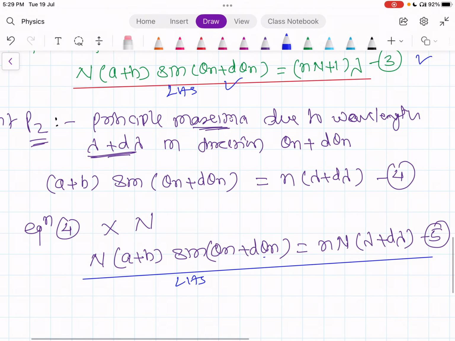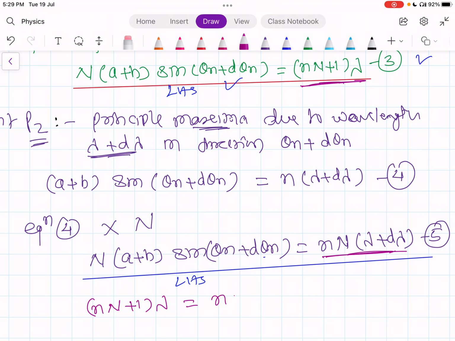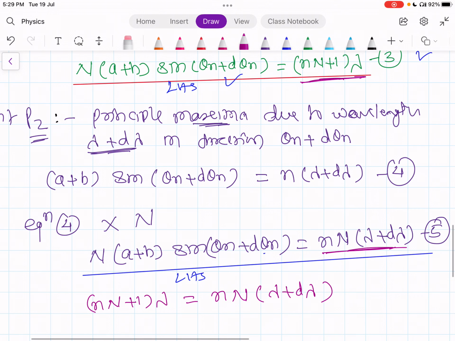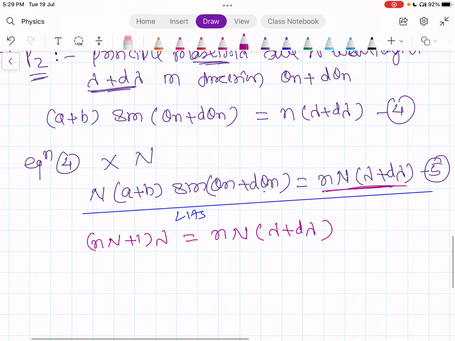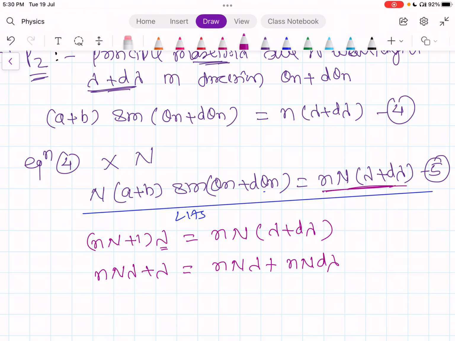So if the right side is the same, what can we write? (nN plus 1) lambda equals nN into (lambda plus d lambda). Now let us simplify this. Multiplying lambda into each term, nN lambda plus lambda equals nN lambda plus nN d lambda.